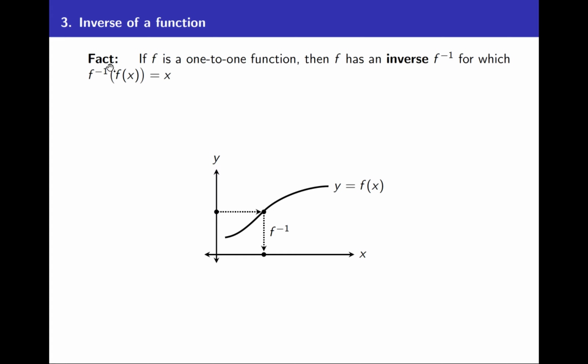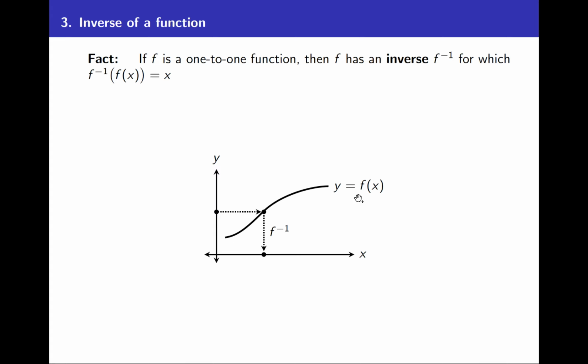And here is a fact that you should know from precalculus. If f is a one-to-one function, then f has an inverse, f inverse, for which f inverse of f of x equals x. And you think of it just as we motivated a few slides ago.